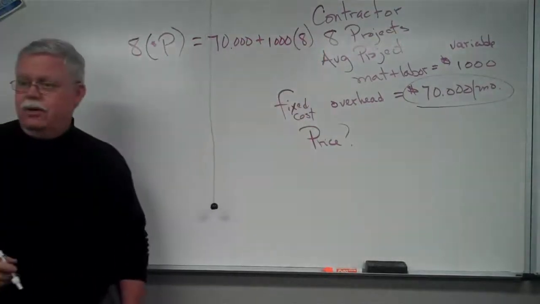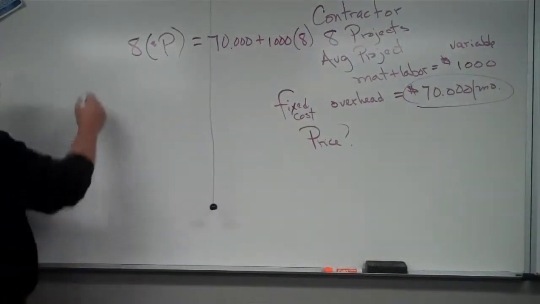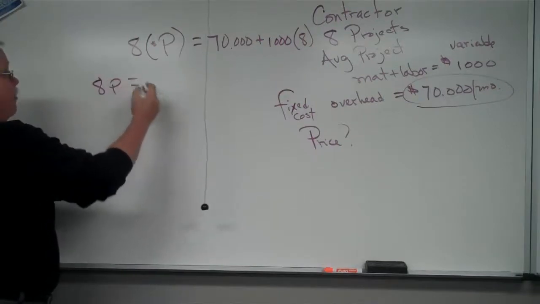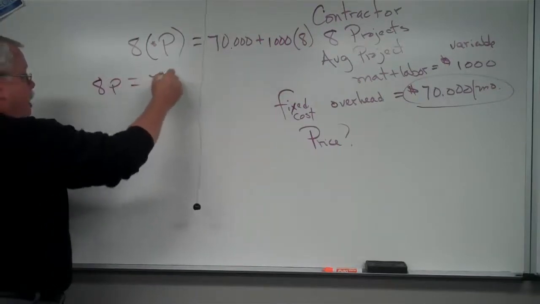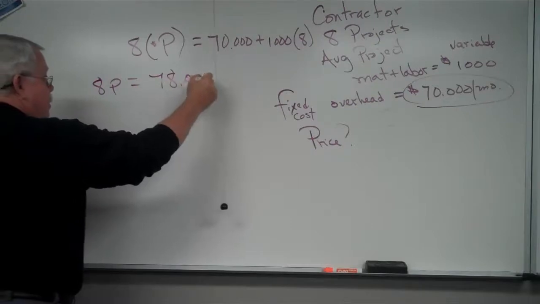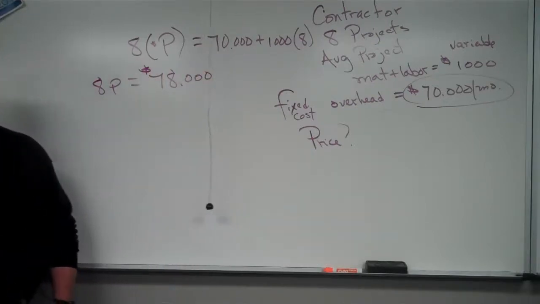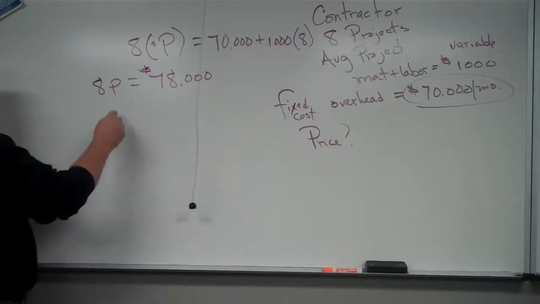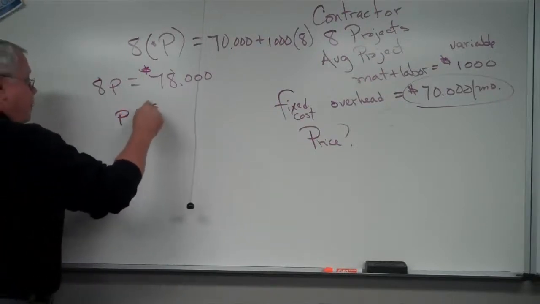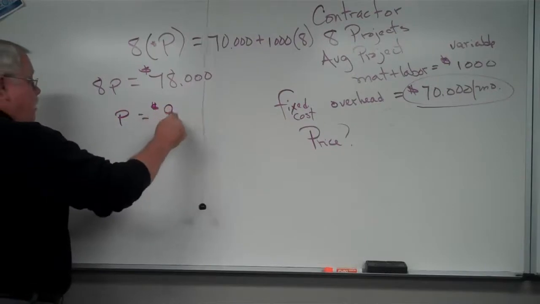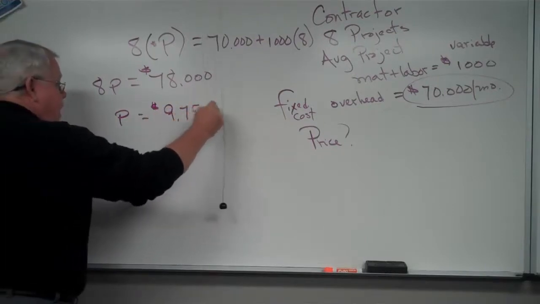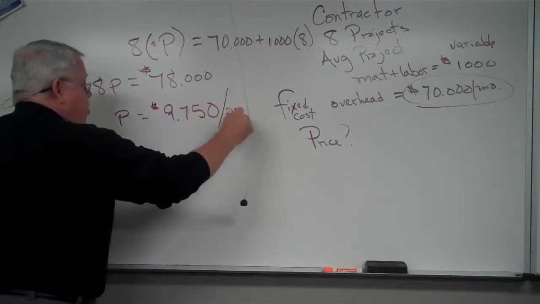That making sense? So 8P has got to equal how much? $78,000. This is a real simplistic assumption. But when I do that, what's the price got to be? $9,750 per project or per job.